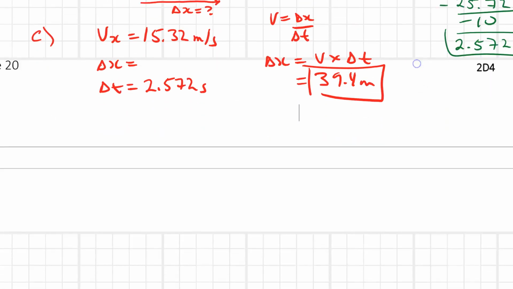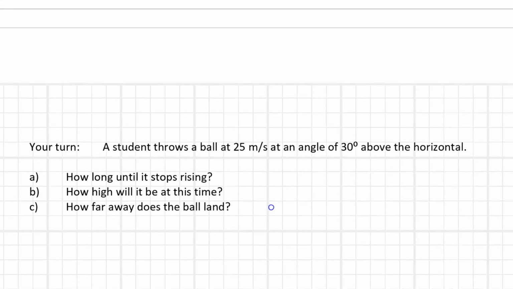Okay, so you've got a your turn coming up. I know you're thinking that was lots to do, but really it's a very similar question, so you can take a look at the previous example. How long until it stops rising? So what that is asking is from here to here, delta t equals question mark.